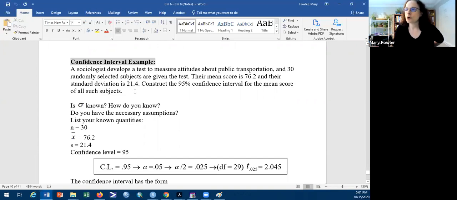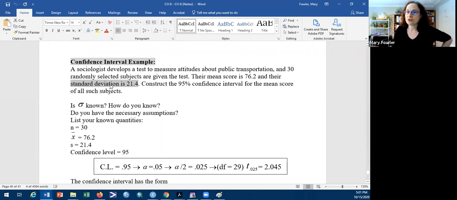Okay, so I want to look at the statement of the problem, because now what becomes important is being able to read a confidence interval problem and determine if you need to use the Z test or the T test. If you look back at the statement of this problem, I do have a standard deviation being given right there, right? So why can't I use the Z? Well, we have to look really closely at the wording in the problem.